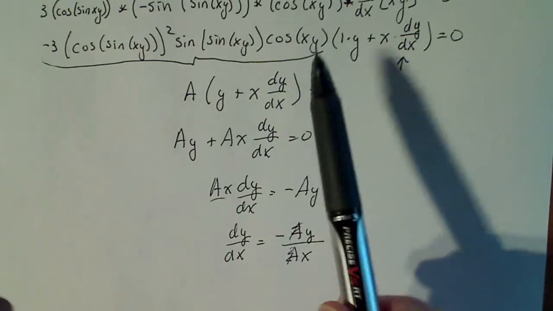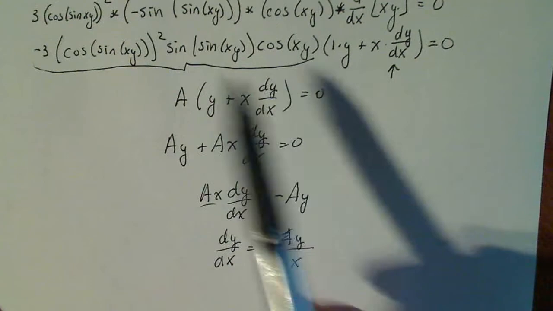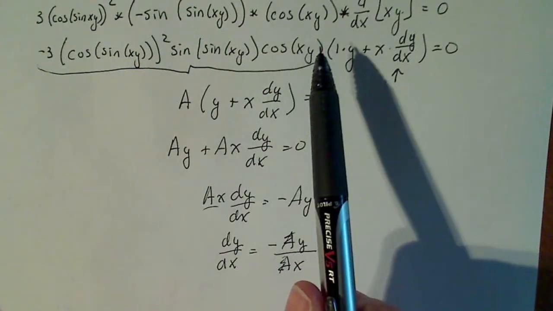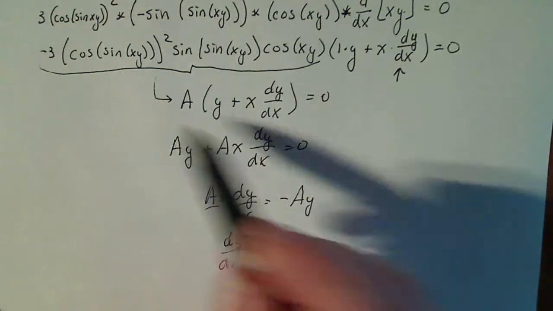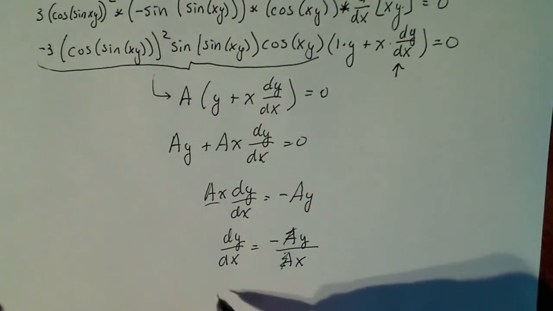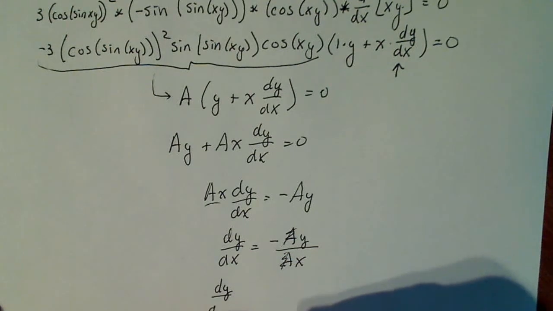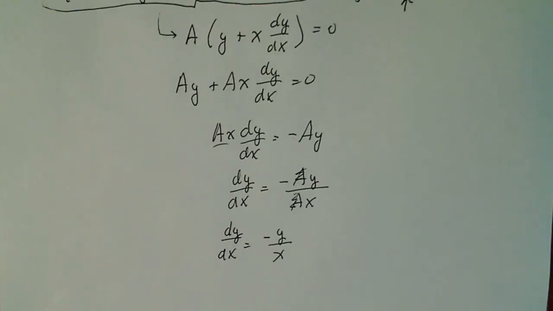So this is what makes this tricky, is that most students get a little bogged down in writing it all down when, well, if I have to distribute that whole thing to both terms, I'm going to make an official call. That's the letter A. And all of a sudden it goes away. And then I'm left with dy/dx is equal to minus y over x. And I don't ever have to write it again because A kind of cancels itself out.